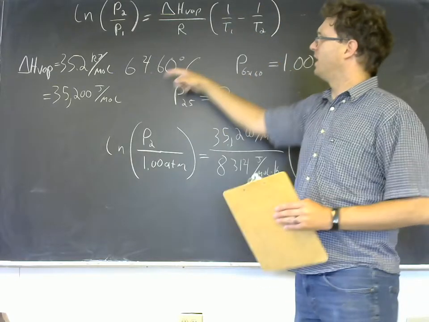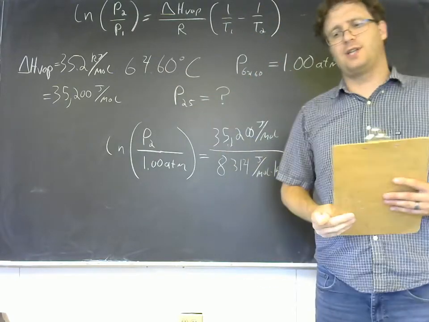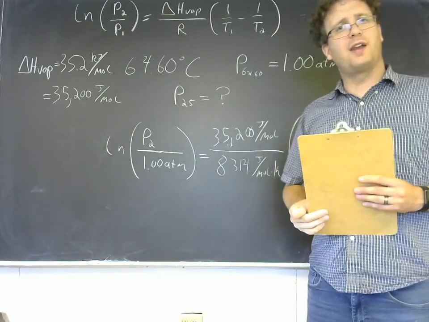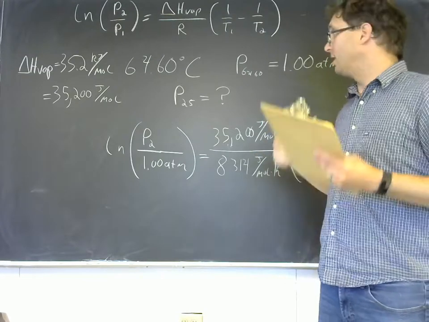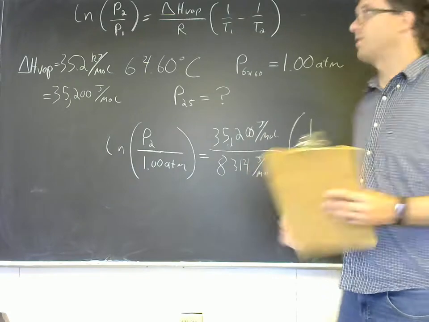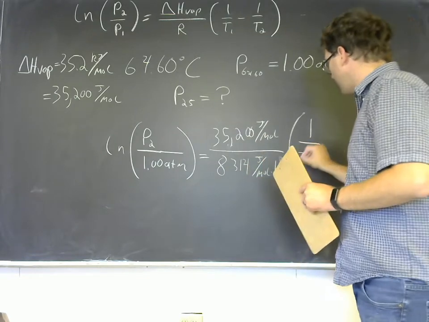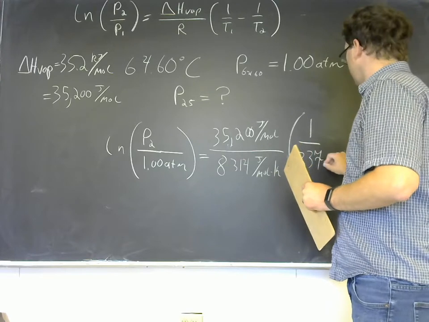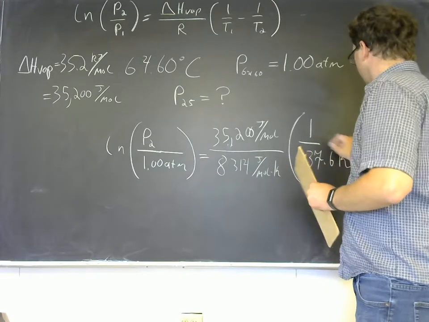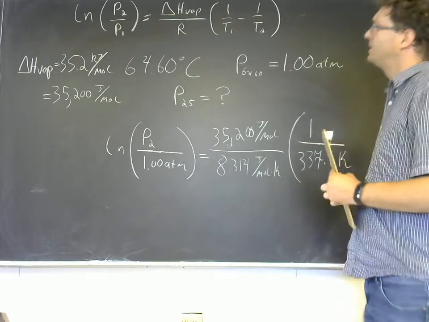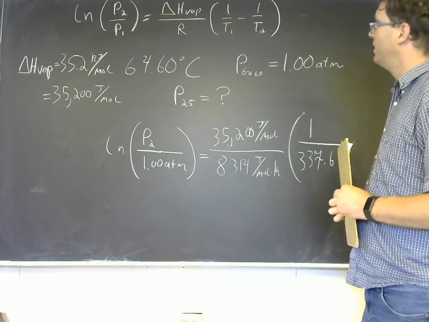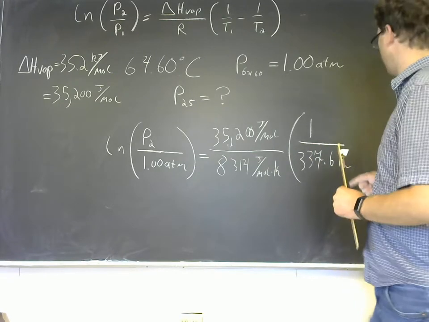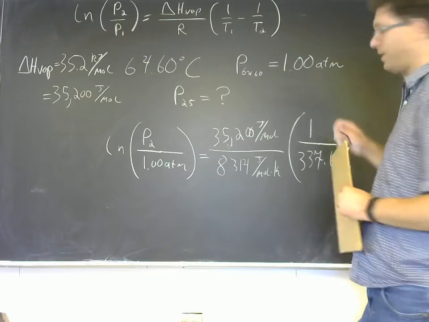Now T1 is 64.6 degrees Celsius. We'll need to convert that into Kelvin by adding 273. So that will give us 337.6 Kelvin, right? 273 plus 64.6. I'm pretty sure that's correct.